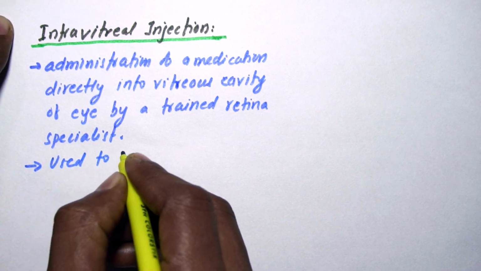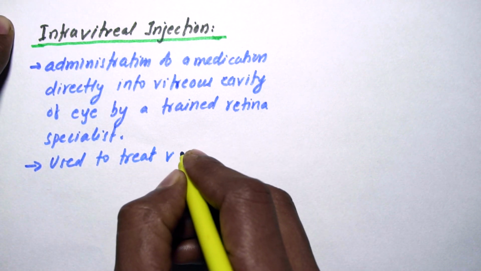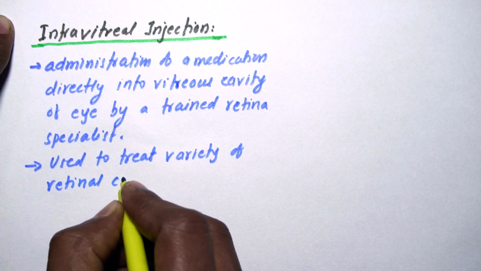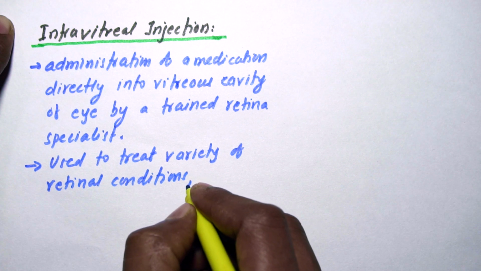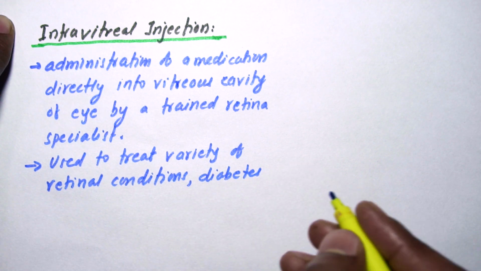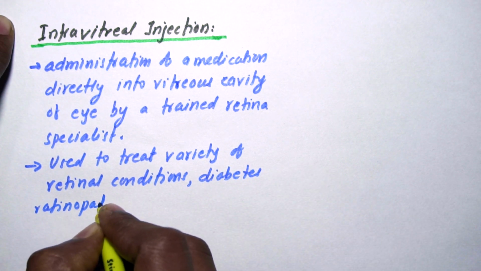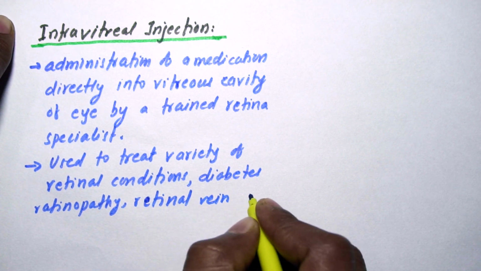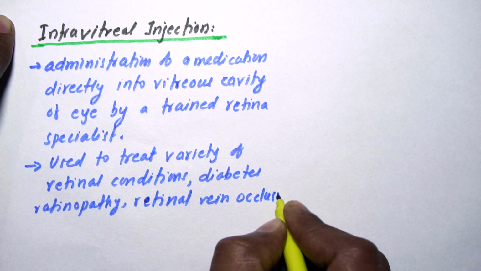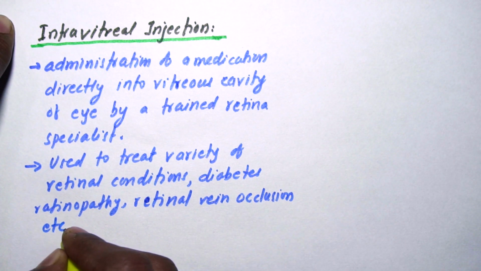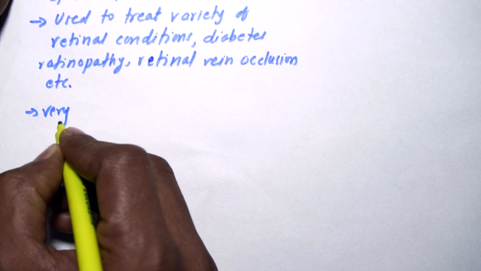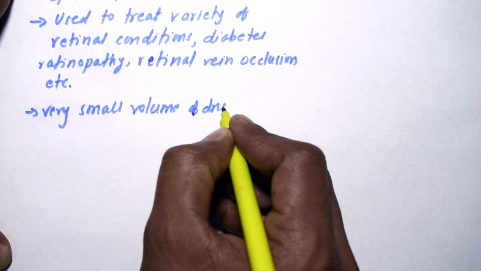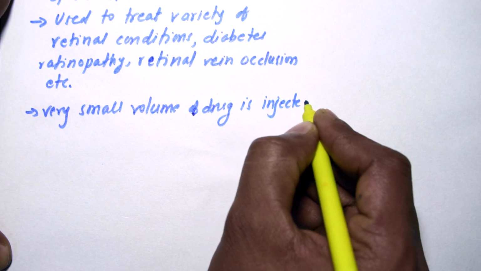So this is used to treat a variety of retinal conditions. Okay. Diabetic retinopathy, retinal vein occlusion, etc. Okay. So a very small volume of drug is injected through this route. Okay.